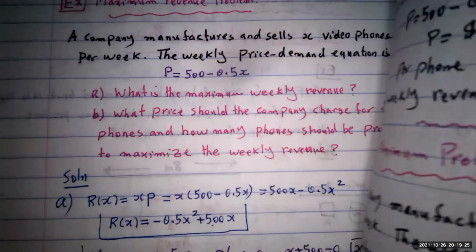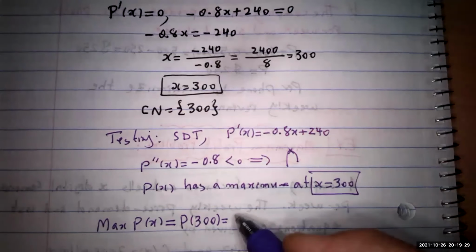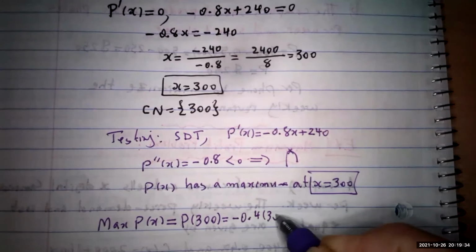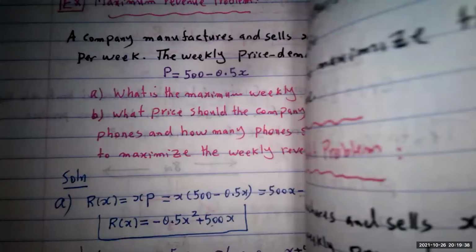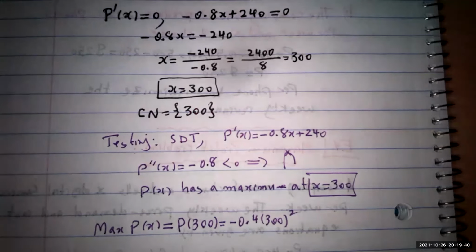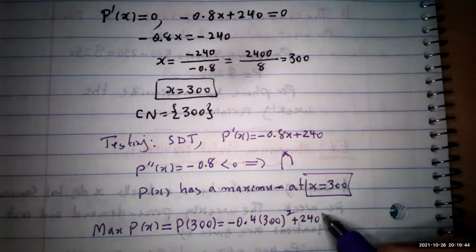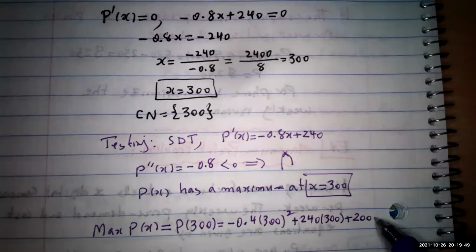Remember the profit function was negative 0.4x squared, now it's going to be 300 squared, plus 240x, plus 240 times 300, and plus 2000.